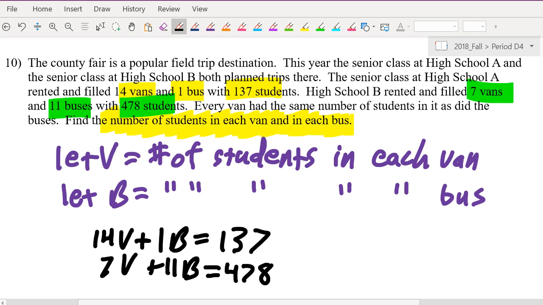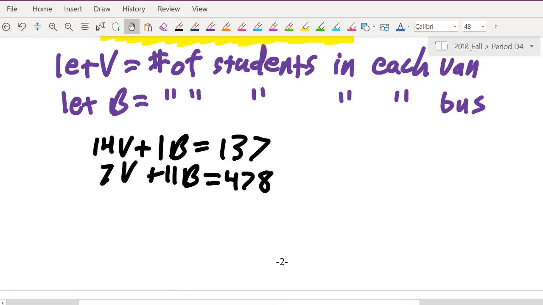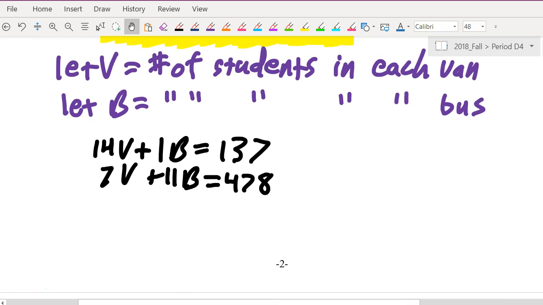Okay. What do you guys think? Well, can we divide anything? 14, 1, 137. No. 7, 11, 478. No. So, what do you guys think is easiest to multiply? The 7 and 14, right? So let's multiply times -2.